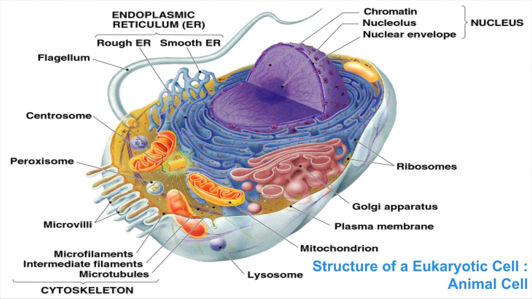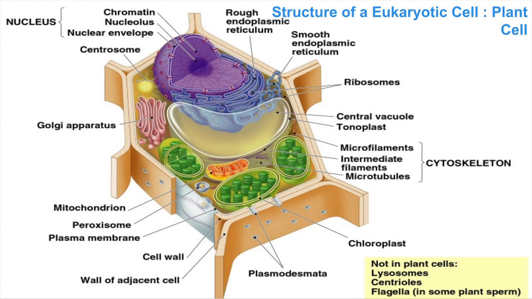However, unlike prokaryotic cells, eukaryotic cells have a membrane-bound nucleus, numerous membrane-bound organelles, including the endoplasmic reticulum, Golgi apparatus, chloroplasts, and mitochondria. This photo is the structure of an animal cell. Plant cells have a cell wall, a large central vacuole, chloroplasts, and other specialized plastids, whereas animal cells do not.